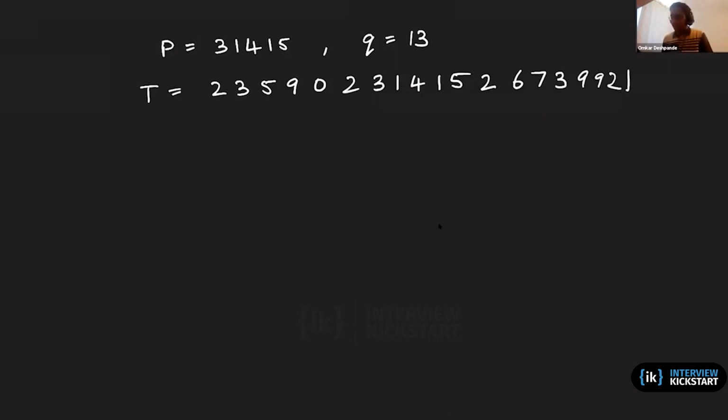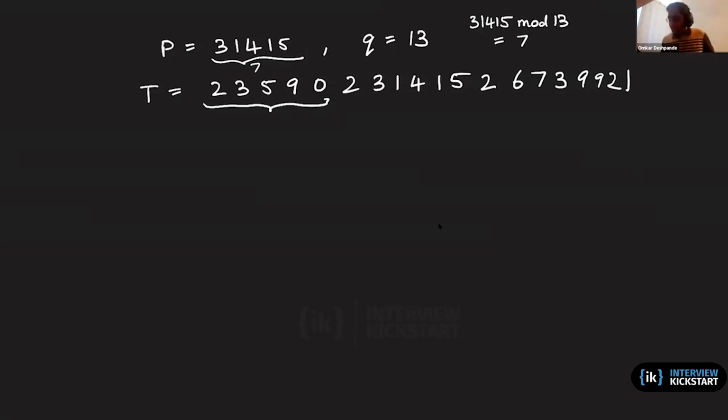Our pattern is of length 5. When we take 31415 mod q, we won't be working with a value of 31415. We'll be working with values in the range from 0 to 12 because we're always going to do a mod q. So 31415 mod 13 is equal to 7. So this value is effectively 7.